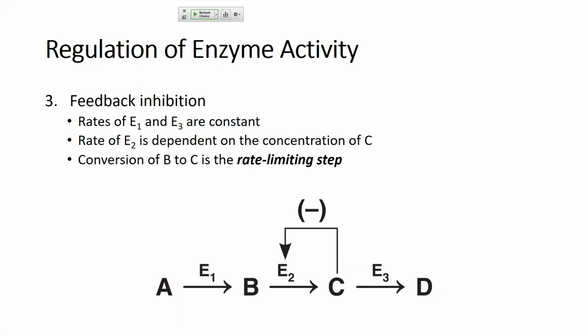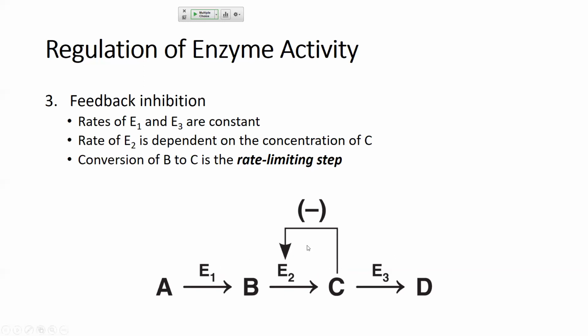So I'll go over that again. The rates of enzyme 1 and enzyme 3 are constant. Those are not being regulated. The step that we are going to regulate is enzyme 2.